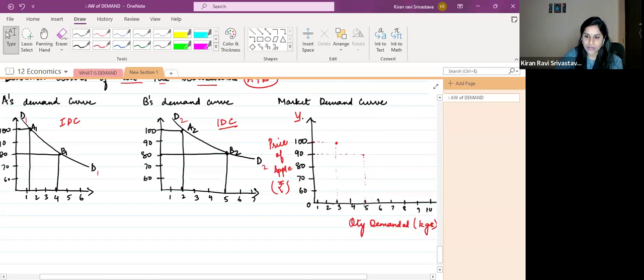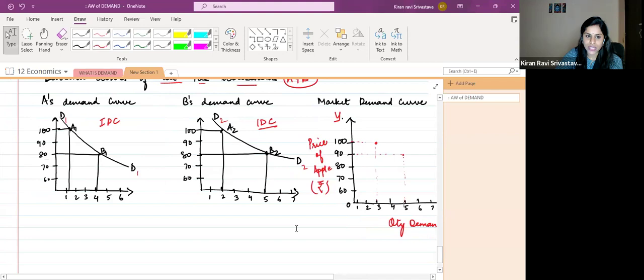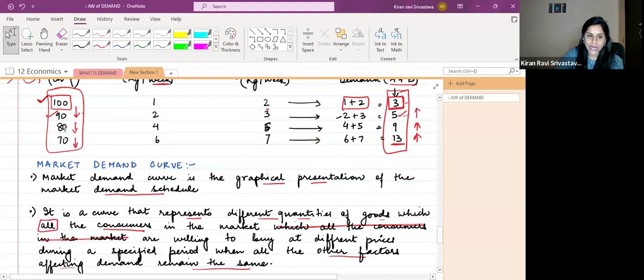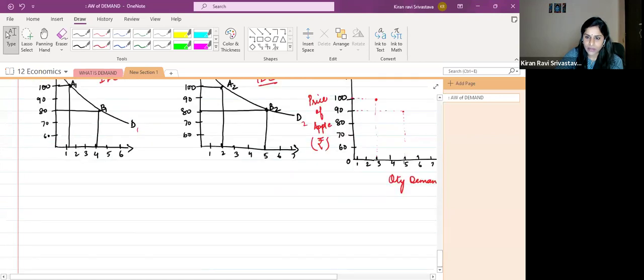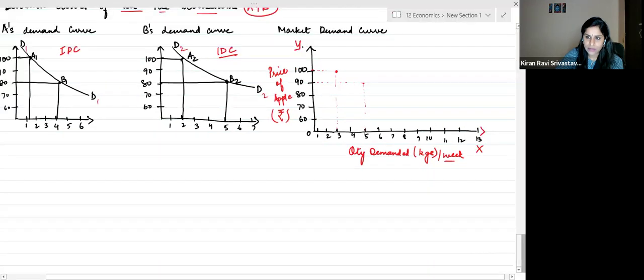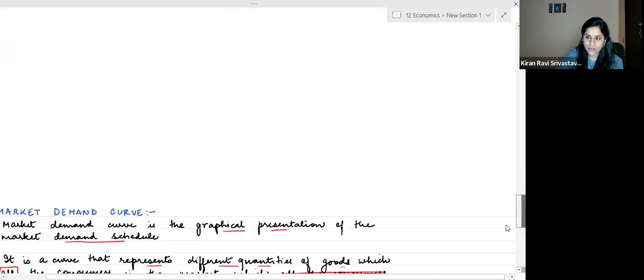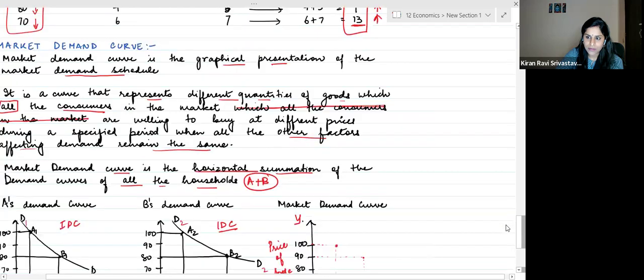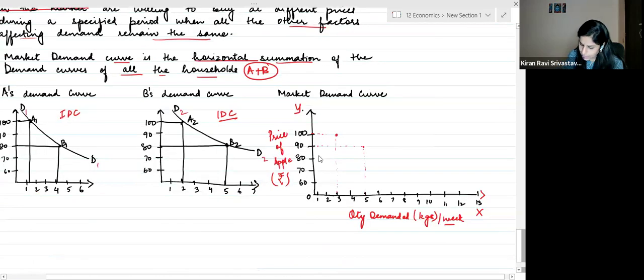Then the next information is at 80 rupees per kg, the market is demanding 9 kgs. So we'll go to 80. At 80, we need 9.